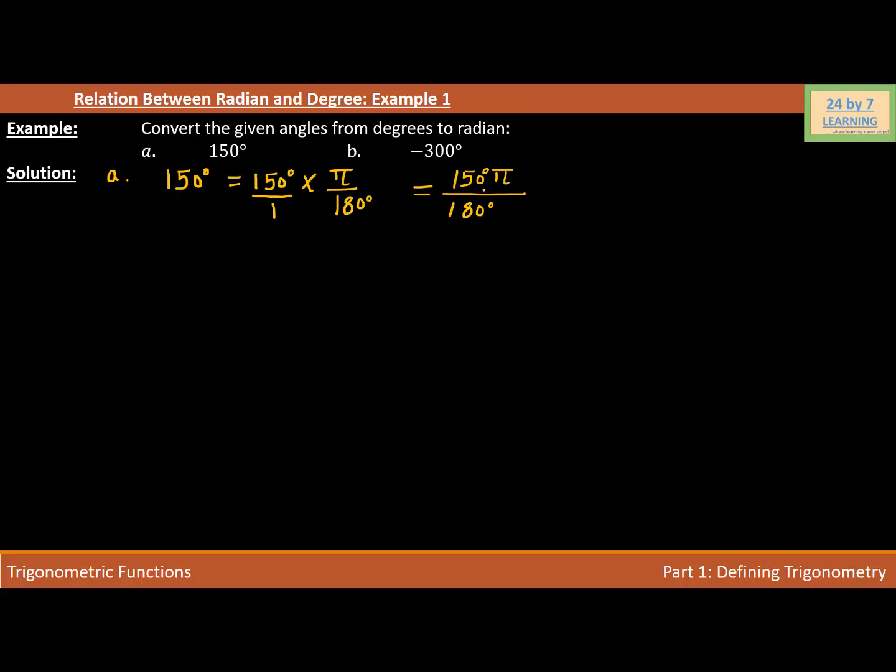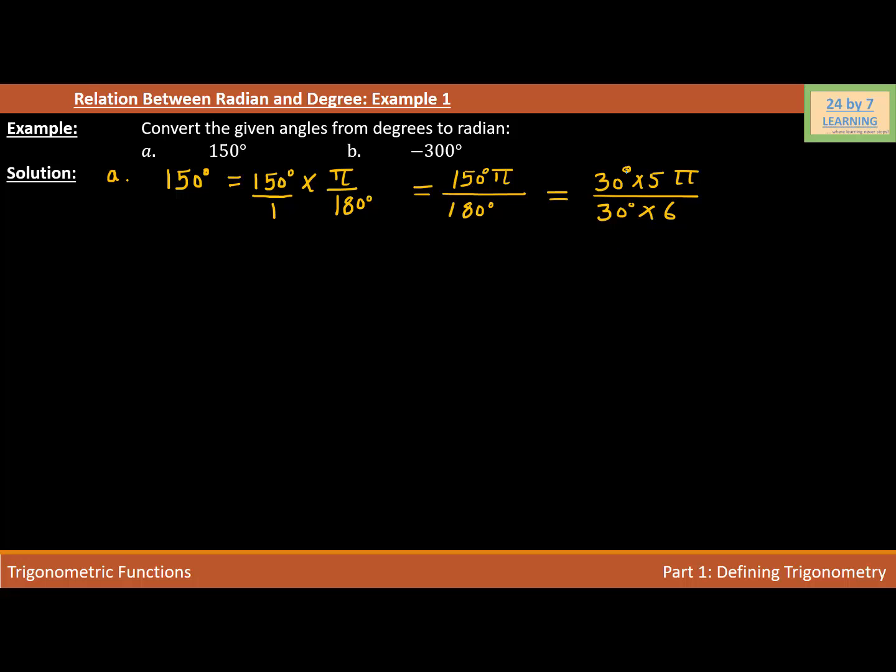Now, as you can see, we have a common factor at numerator and denominator. So I'm going to first factor 150 and 180. We write 150 as 30 degree times 5, and I have pi left, over 180 is 30 degree times 6, because 30 times 5 is 150 and 30 times 6 is 180.